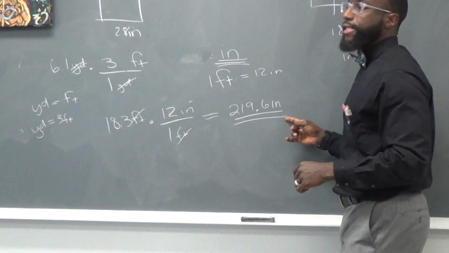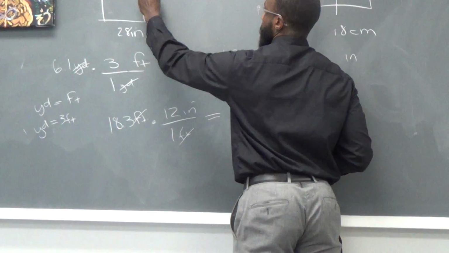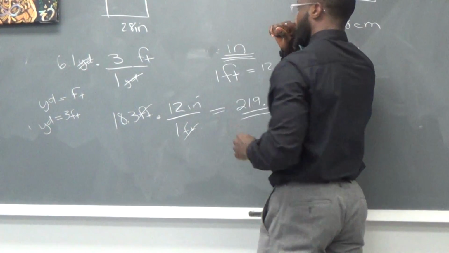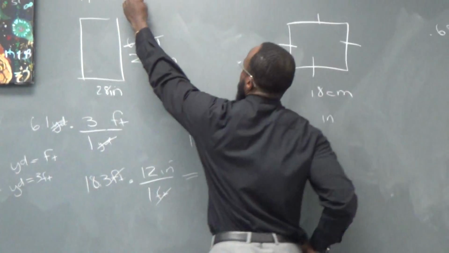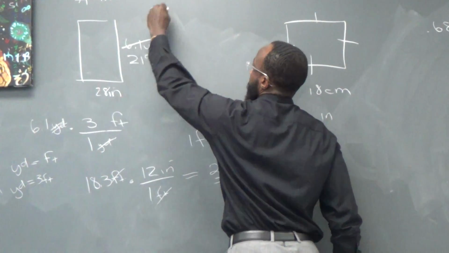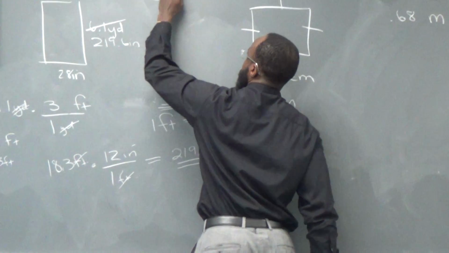We needed to change 6.1 yards to inches, and so now this is 219.6 inches. Now we can find the area. Area equals base times height. The base is 28. The height is 219.6.